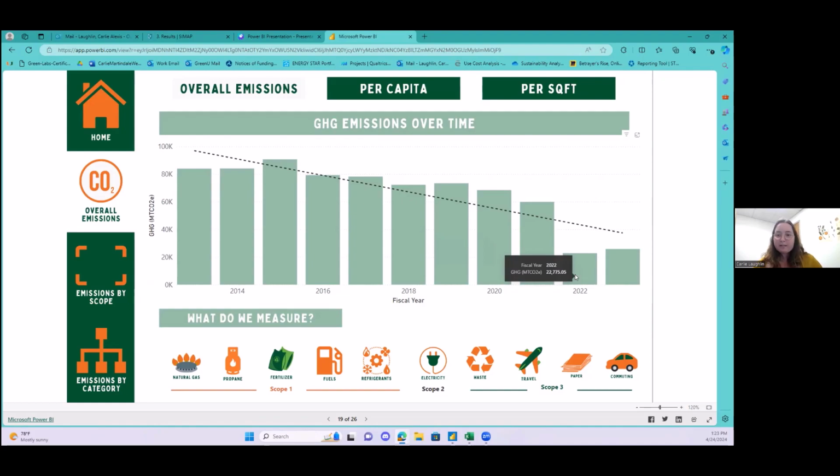So we purchased RECs from our local utility provider through their community solar program to offset, I think, the vast majority it was of our electricity usage on the Coral Gables campus, our main campus. Now you can see that that's going up. That's because the RECs were, I think, just a set value. So as we continue to consume more and more electricity, we're going to see this begin to rise again. But there was a pretty significant drop here.